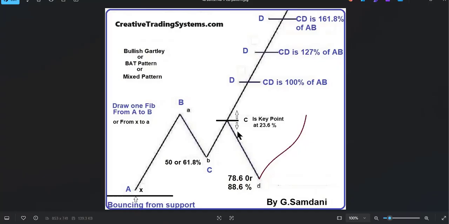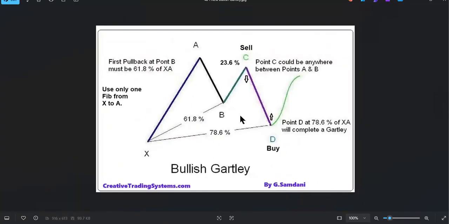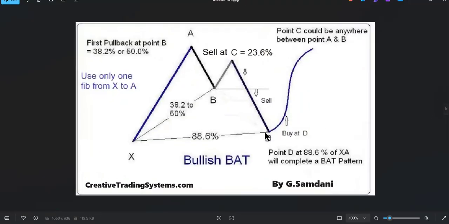By the way, 61, 23, 78 makes a Gartley pattern which looks like this, and then it goes up. Or it can go down. If this one is 50, then it can go down to 88% and make a Bat pattern just like this one, 38 to 50. Then again the 23% line comes into play, and then we drop to 88% and go to the upside.